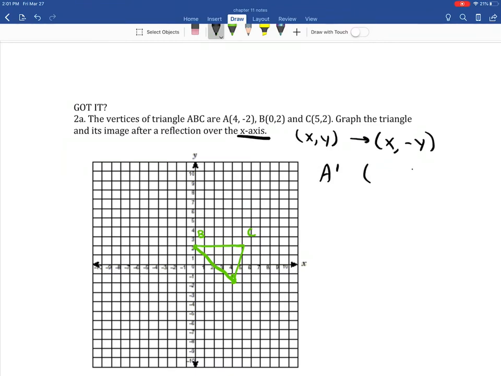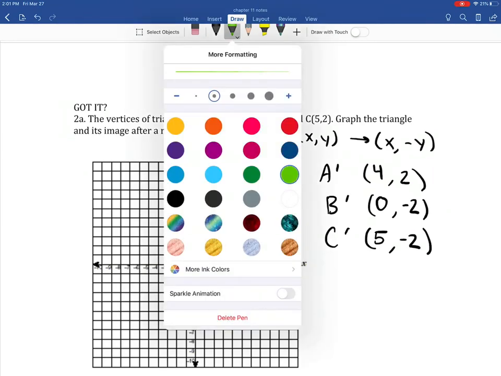Okay, if we want to write it out, I can write out each of my coordinates before I go to graph it. So again, the x's are going to stay the same. So the x is still going to be 4 for A, 0 for B, and 5 for C. But the y is going to change signs. So it was negative, now it's positive. It was positive, it's now negative. It was positive, it's now negative.